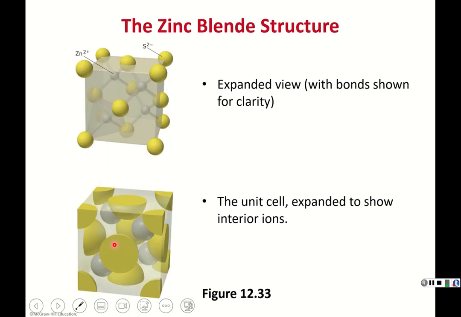Zinc blende, the structure of that is shown here. This is a more complex structure. Now we have zinc and sulfur, S2-, bonded together in this sort of network covalent structure.